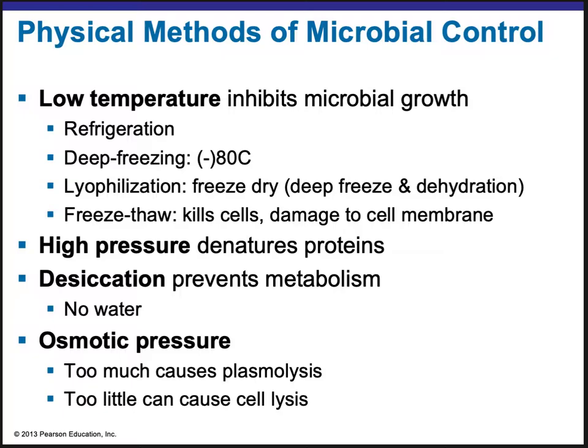Remember that too little pressure is going to cause water to leave the cell, right? And too much osmotic pressure is going to cause water to rush into the cell. So too much osmotic pressure causes plasmolysis. Water leaves the cell, membrane shrinks, pulls away from the wall. Too little osmotic pressure, water rushes into the cell and can burst it open. Okay.